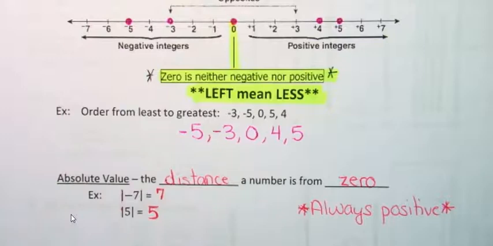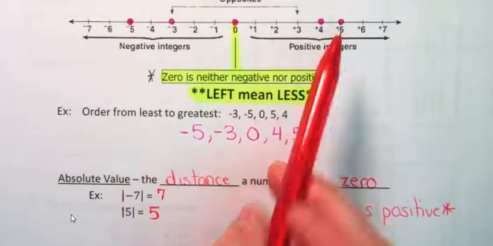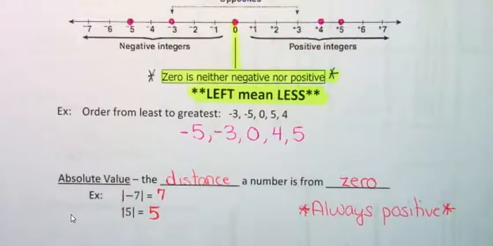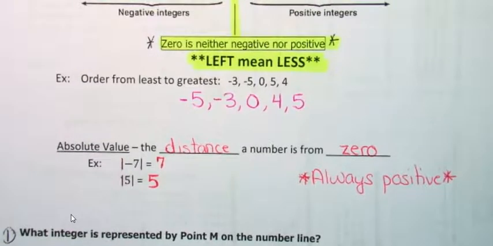The absolute value of 5 would be 5, because it is 1, 2, 3, 4, 5. They're both 5 away from 0. So you always just take the number on the inside and make it a positive. If it's already a positive, then you leave it a positive. And we have now just summed up integers.